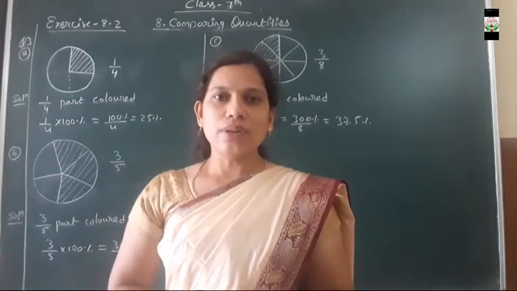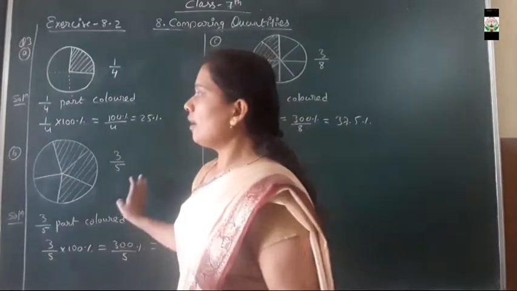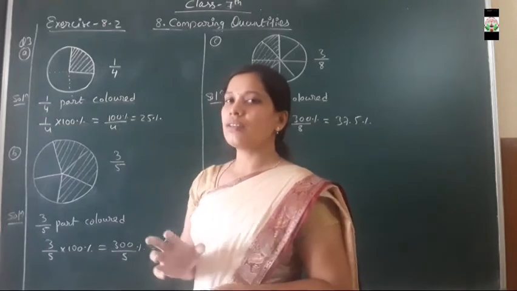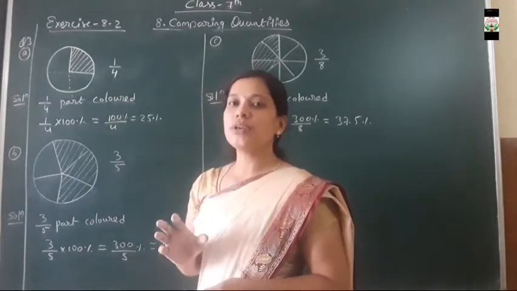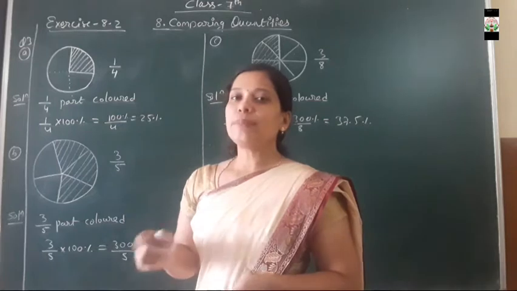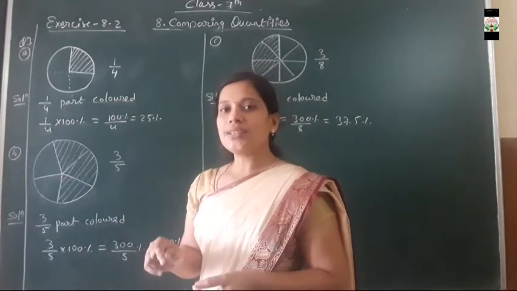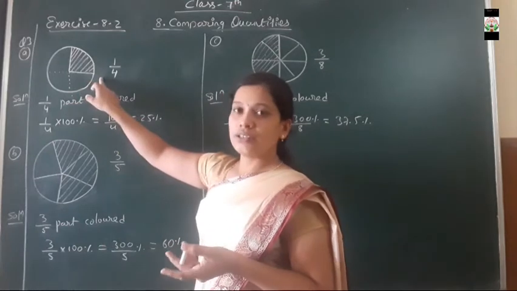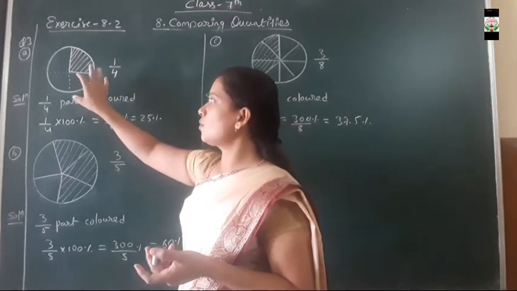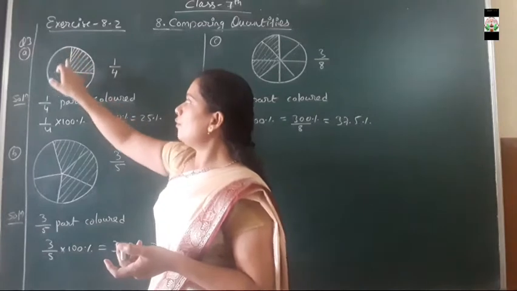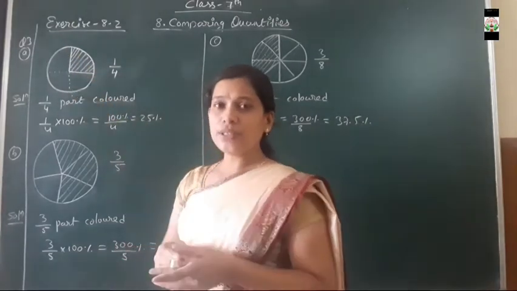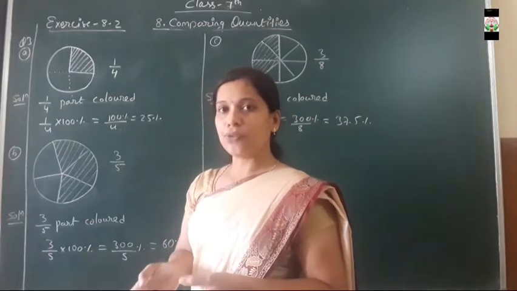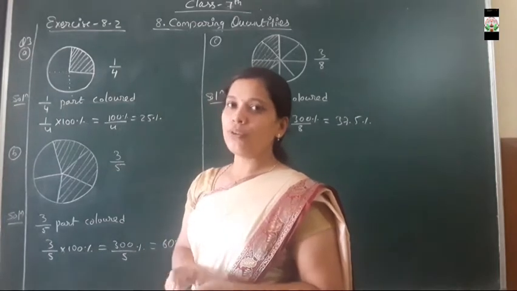Continuing with question number 3, a circle is given, and that circle is divided into many parts, and those parts are colored. In that question it is asked to estimate the part which is colored. That means, suppose this is a circle and 1/4 part is colored, that 1/4 part of the circle which is colored, we have to convert it into the form of a percent.